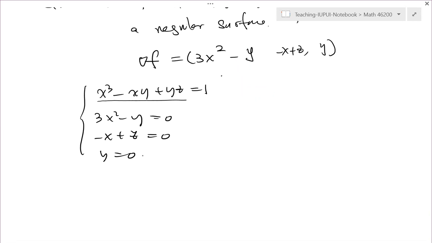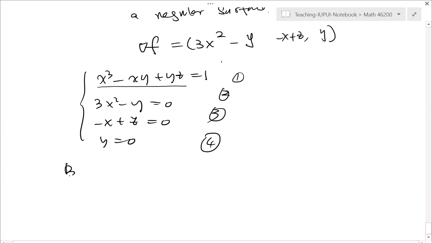In order to find a singular point, you have to find any point on the level surface where the gradient of f is 0. A point on the level surface satisfies the first equation. Then the gradient of f is 0. Let's see whether it's possible. So when y is 0, that's equation 1, equation 2, equation 3, equation 4. If y equals 0, by equation 4, y is 0.